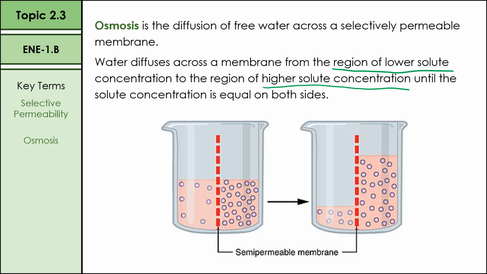What we're going to be looking at here is the ratio of water to our molecules. On this side, we have more water and fewer molecules, and on this side, we have less water and more molecules.